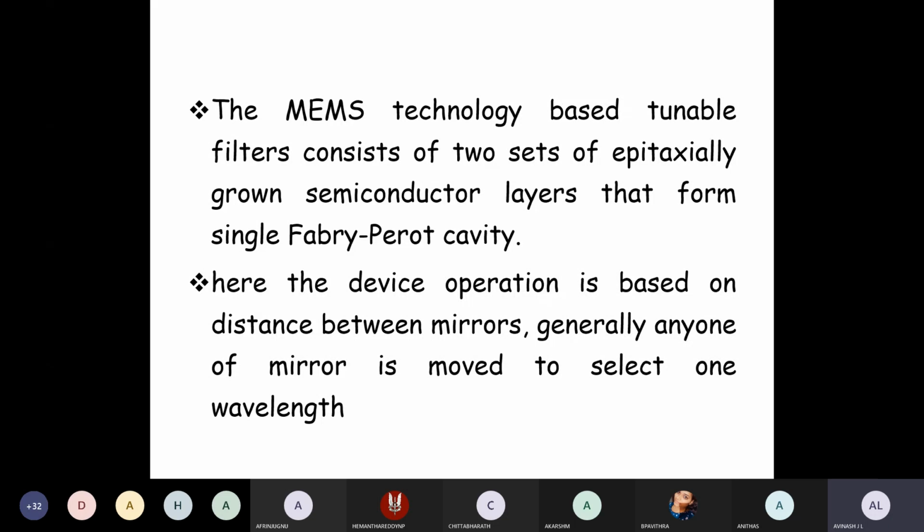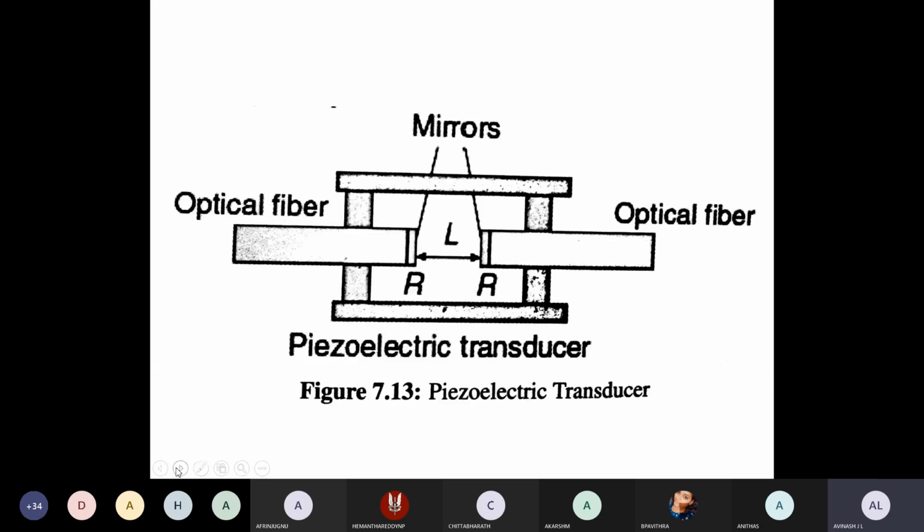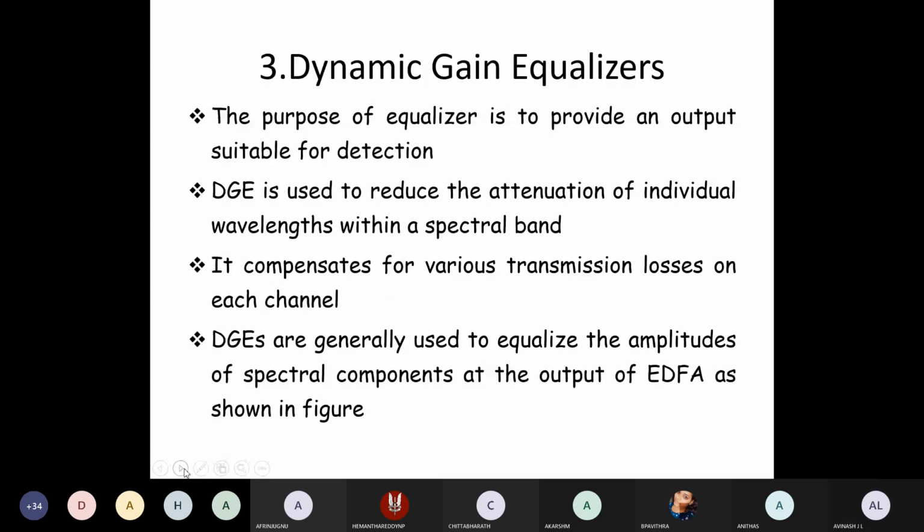After this, diagram-wise, we have seen how it is going to work. After that, we understood the dynamic gain equalizers. In the dynamic gain equalizer, you can see the purpose from this particular diagram.